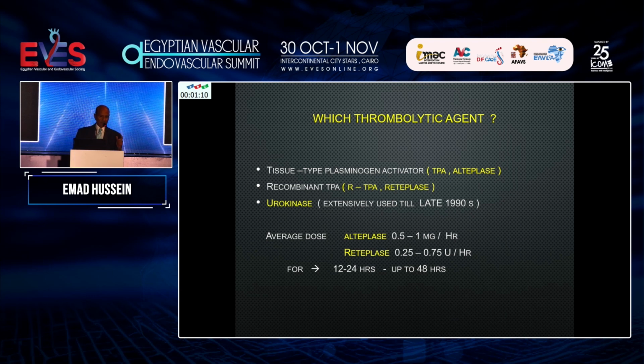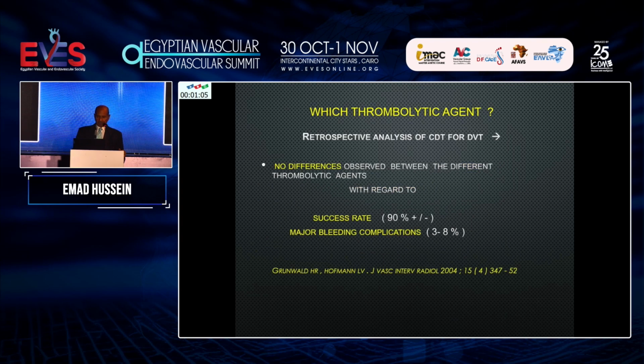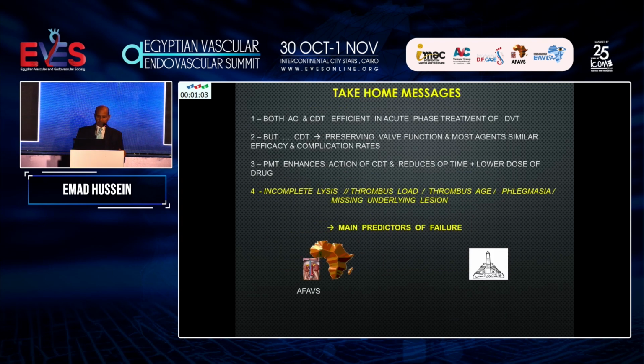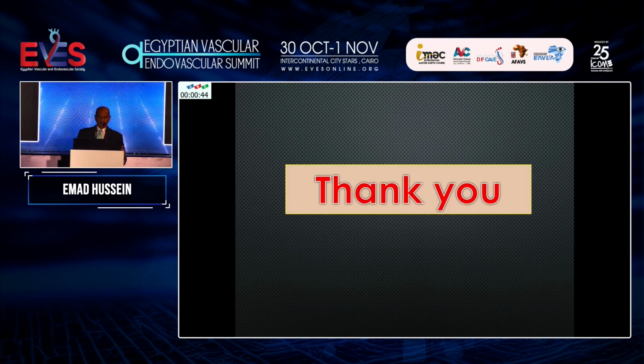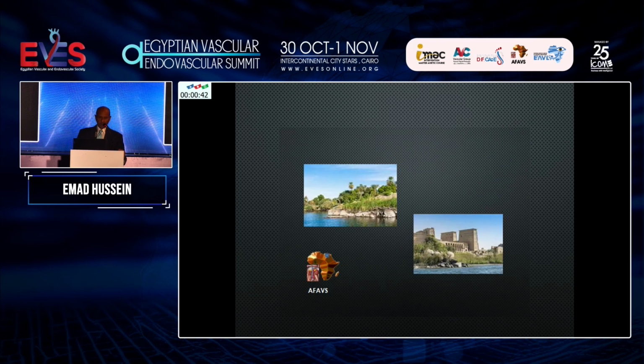It's about the dosage. The protocol is there for everybody. So, take-home messages: both anticoagulation and catheter-directed thrombolysis are efficient in the acute phase, but it's about the preservation of the valves, again the valves, and the degree of the PTS. So those count. And again, I would like to thank you so much for your attention.